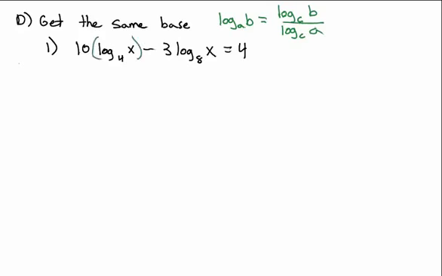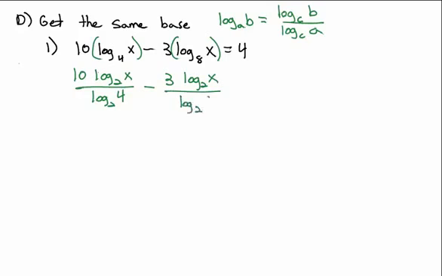Here, our 4 and our 8 would probably be best served with a base 2. So we have 10 log base 2 of x divided by log base 2 of 4, minus 3 log base 2 of x over log base 2 of 8, equal to 4 still.